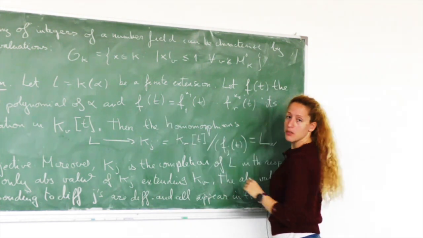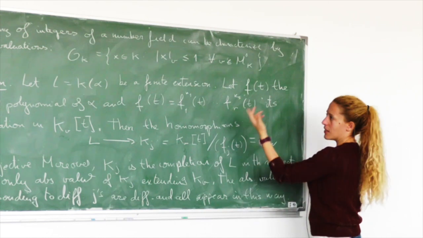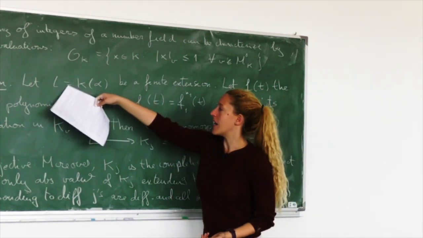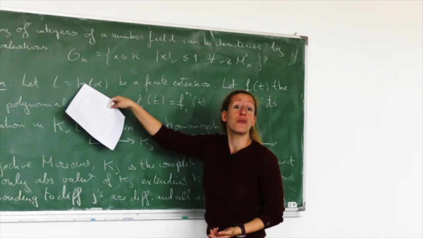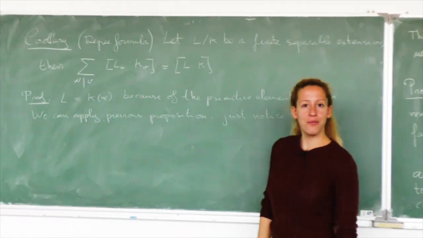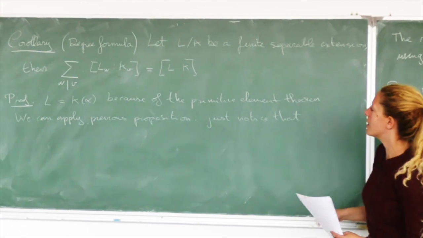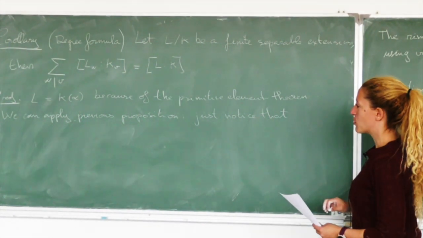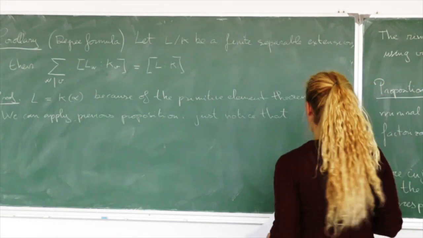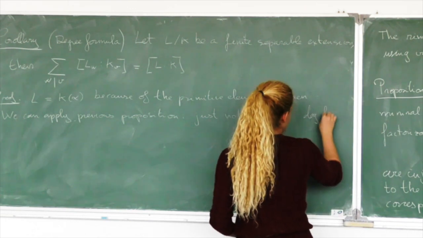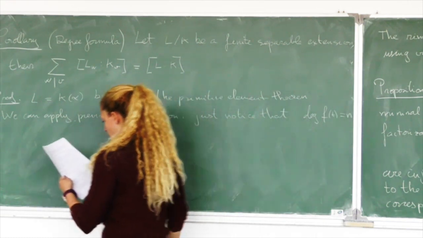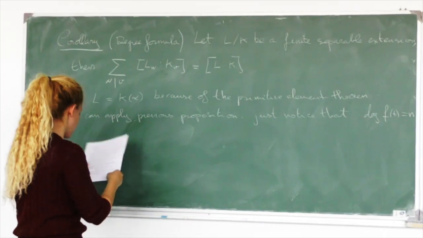And which one is the degree of f of t? It is n, the degree of alpha. L is equal to K of alpha, which means that the degree of L over K is n. And then we get the equality that we have here, right? So this is an easy corollary of the proposition. Okay, so let me write it. Just notice that the degree of f of t is equal to n. Okay, very well. So we have this formula.